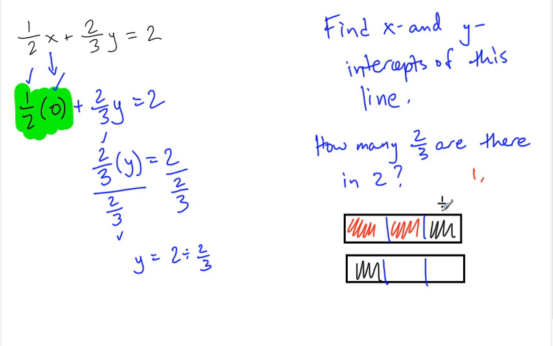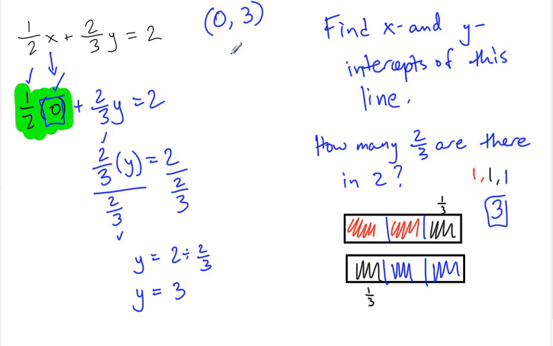Remember, this is a third and this is a third. So a third and a third is 2/3. So there's 2. 1 and 1 is 2. And I think you see there's one more. How many 2/3 are in 2? There are 3 2/3 inside of 2. So if I put in 0 for x, I end up with 3 for y.